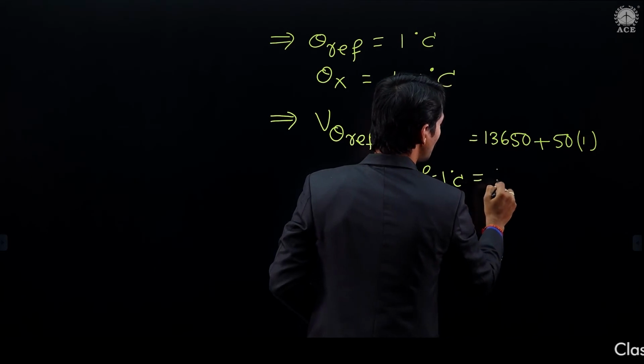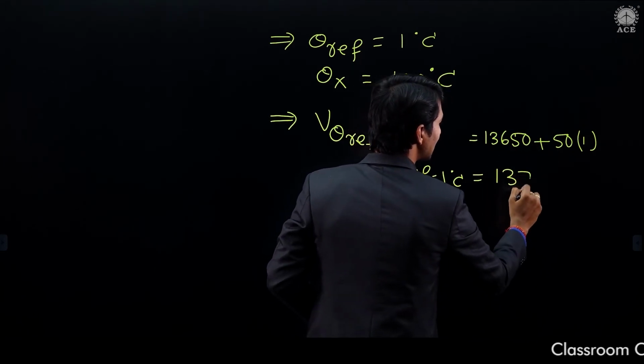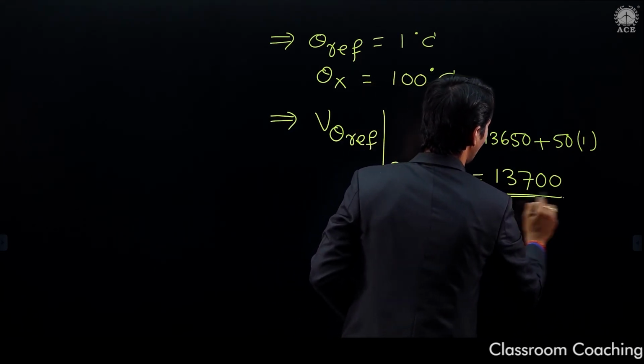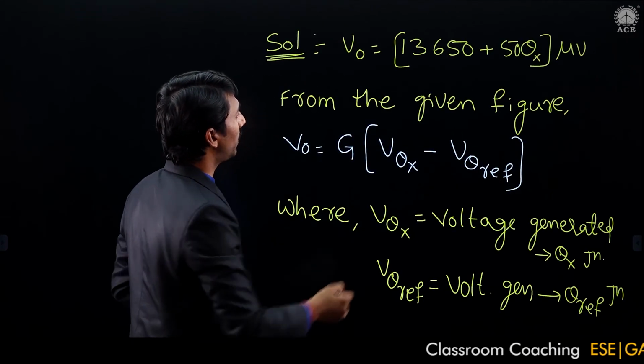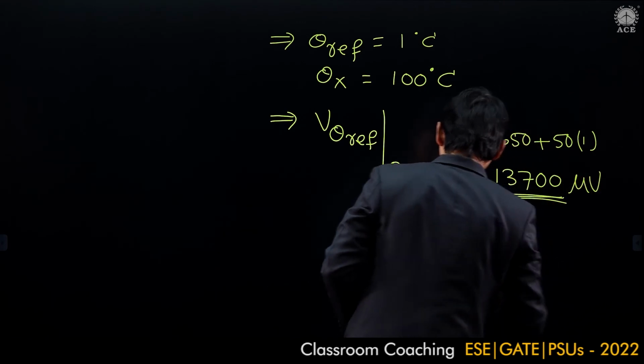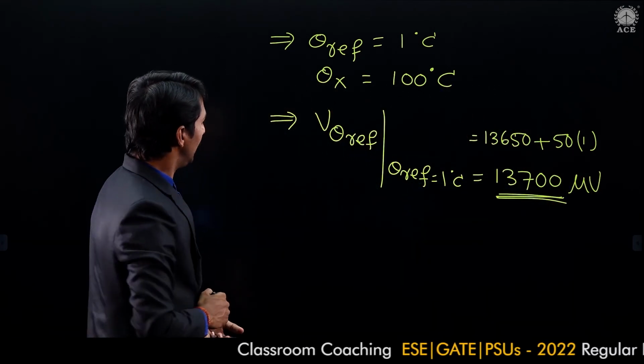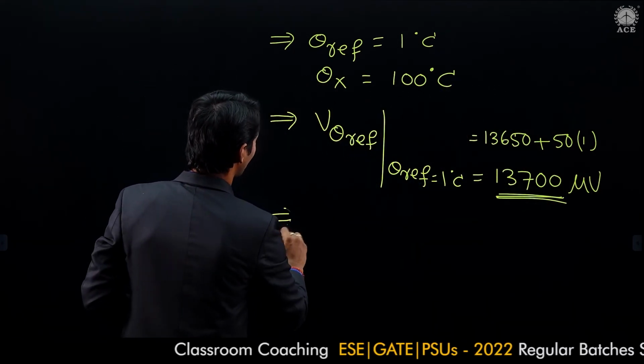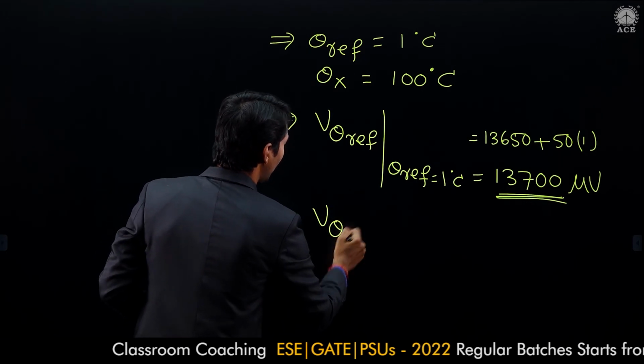So what is the value now? 13700, and correspondingly microvolt as it is. So therefore 13700 microvolt.